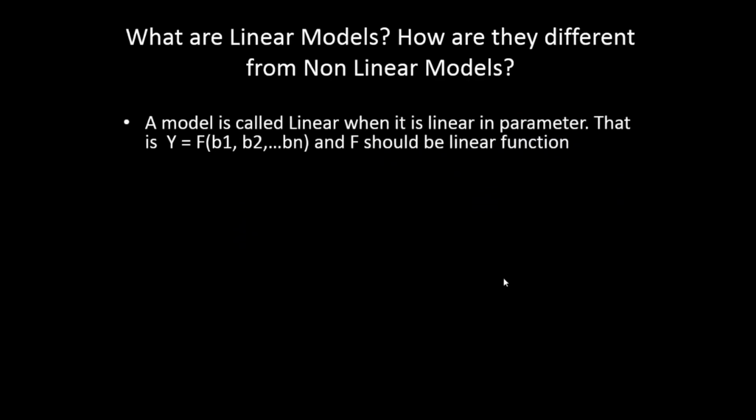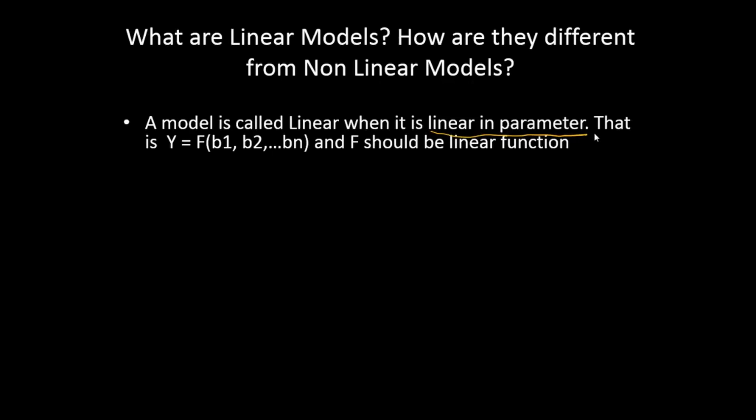The next question is, what are linear models, and how are they different from non-linear models? A model is called linear when it is linear in parameters. Now understand this particular statement, linear in parameters. We cannot say a model is non-linear if it is non-linear in variables.